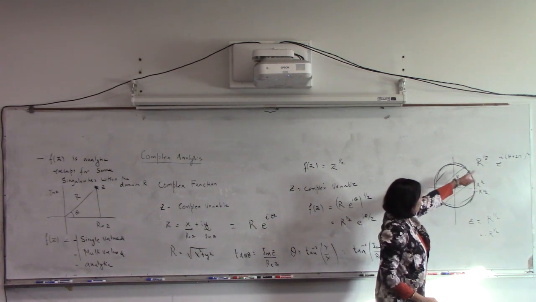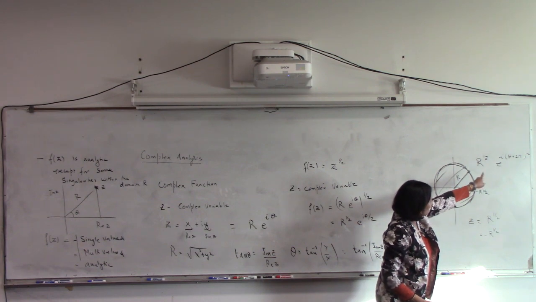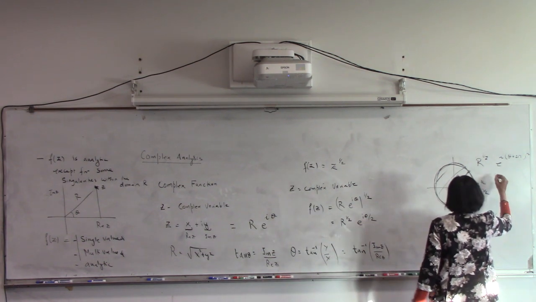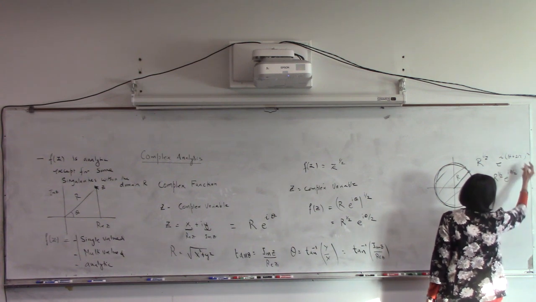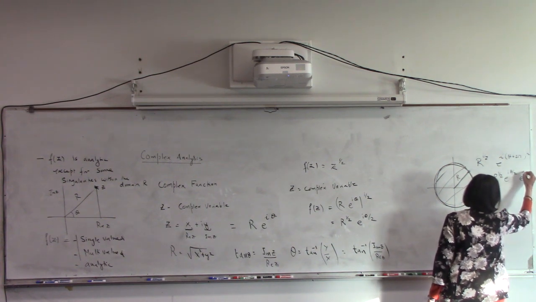So you will have exponential of i pi, and the value will be something like this. At any other location also, it will be this, with the negative sign coming from there.